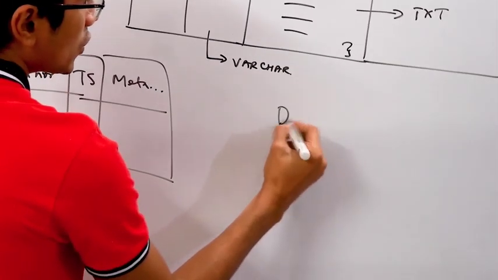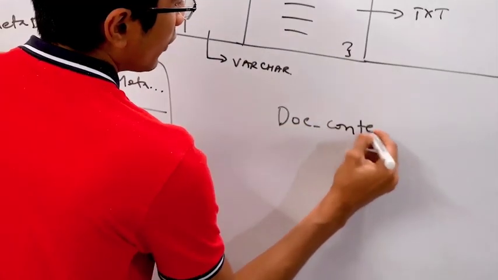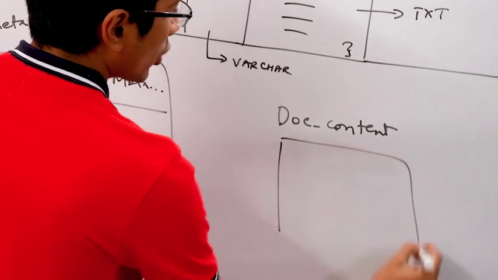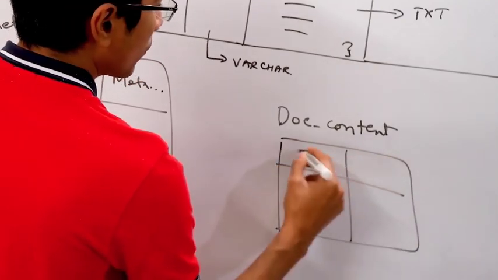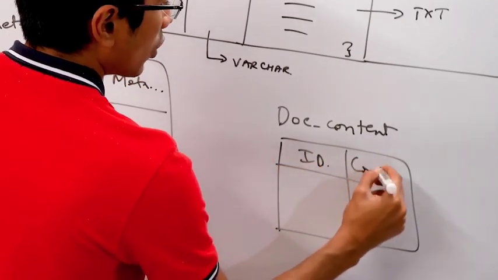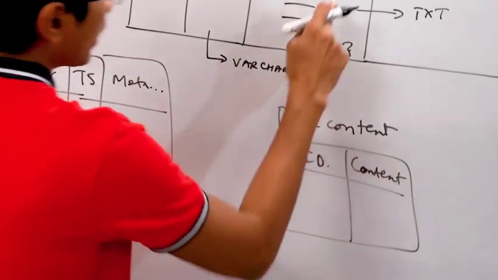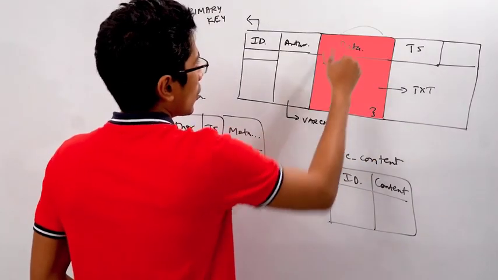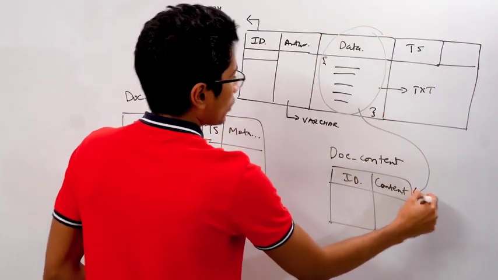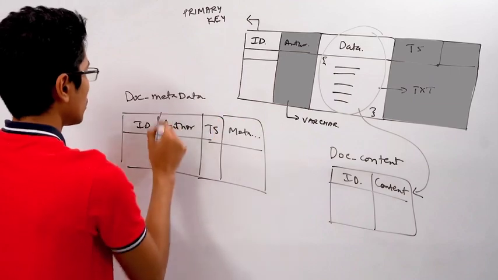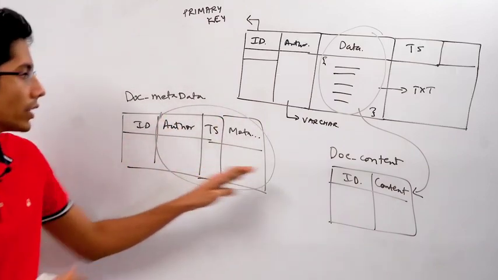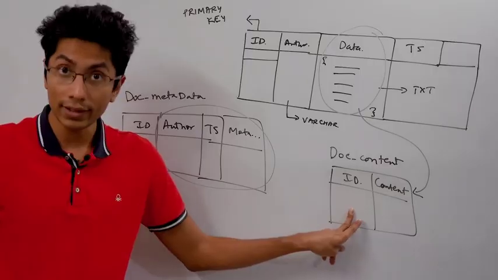And the other table, which is doc content, actually stores the document content with a corresponding ID. So there's the ID here and there's content. Content is, like we said, of type text. So this column is over here and the rest of the columns all come here. Now if you need the doc content, all you need to do is query this table.